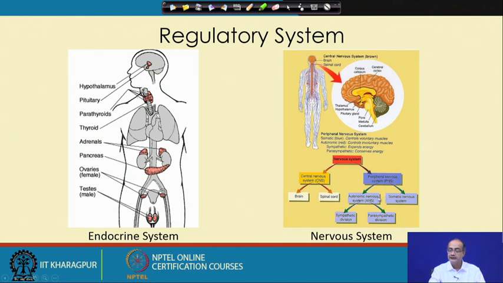And there are other parts, like the peripheral nervous system, which has two parts: the autonomic nervous system and the somatic nervous system. The somatic nervous system helps with volition, when we want to move our muscles like hands, legs and all, and the autonomic nervous system does a lot of important tasks.